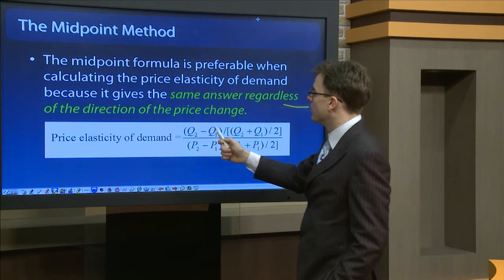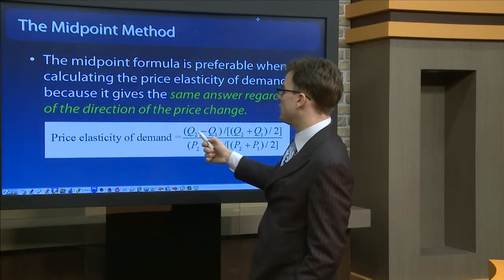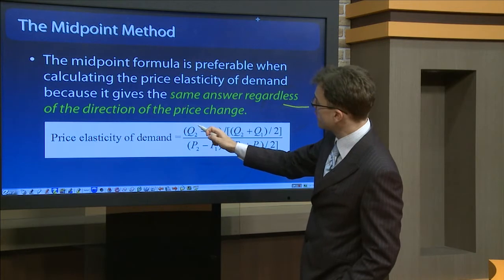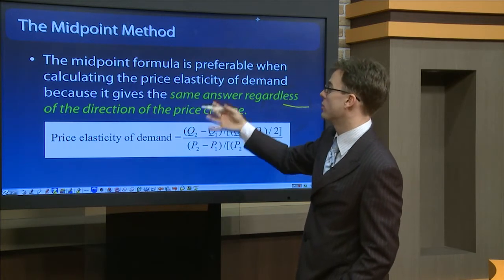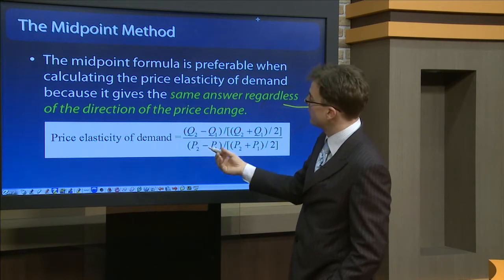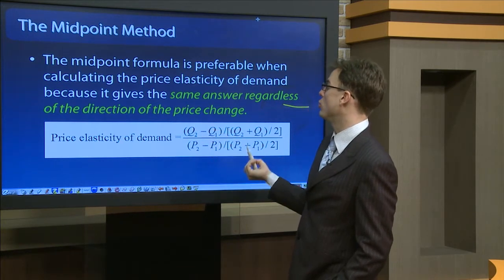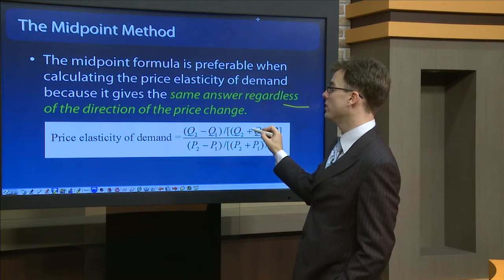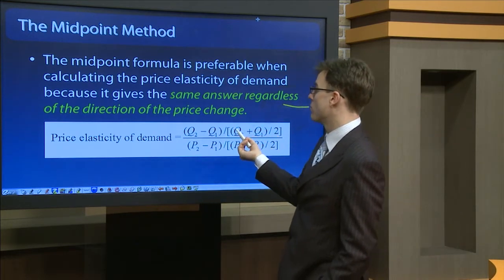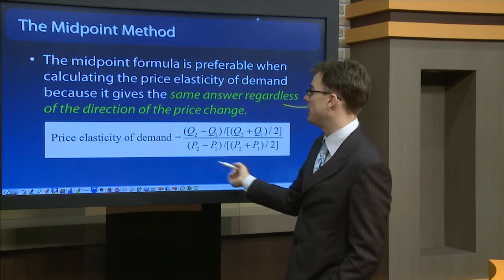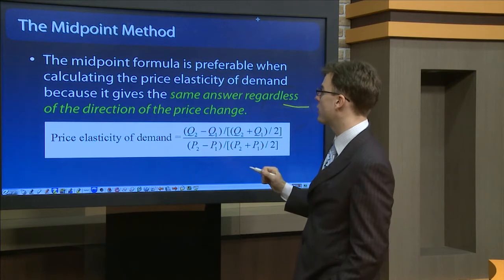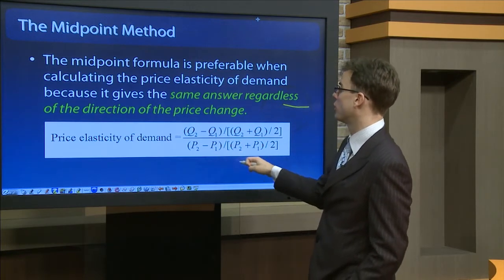And so what is the percentage change in quantity and what is the percentage change in price? Normally, in the simplest formula for elasticity, we would take the difference between Q2 and Q1 and divide it by Q1, the starting level of quantity. And for percentage change in price, we would look at the difference between the original and final price and divide it by the original price.